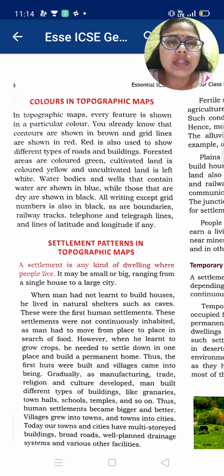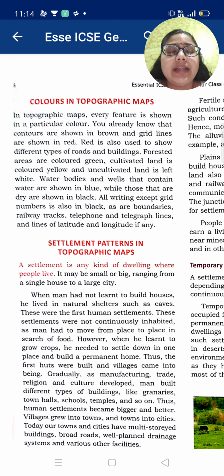In the previous class, I have already told you the color of contours, that they are shown in very light brown on the topographic sheet, and grid lines, which are your northing and eastings, are shown in red color. Now, red is also used to show different types of roads and buildings.